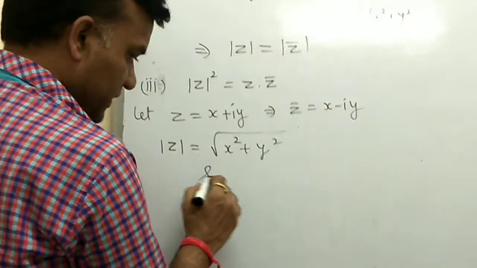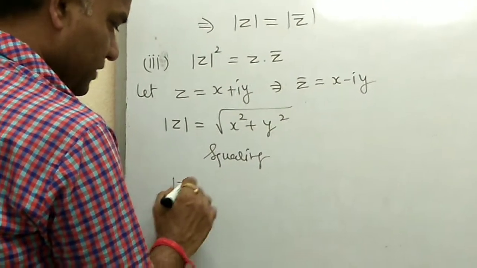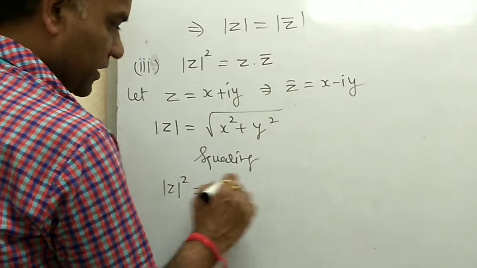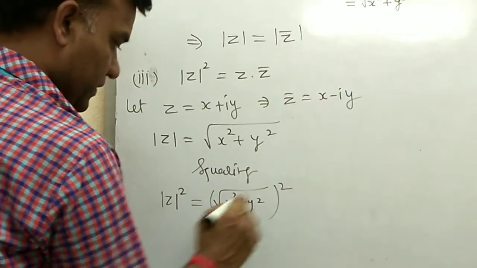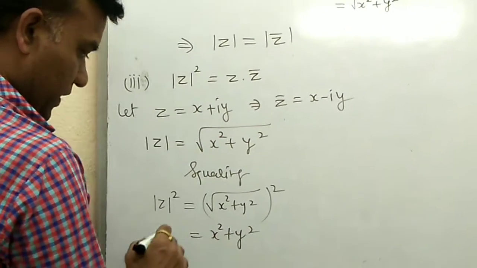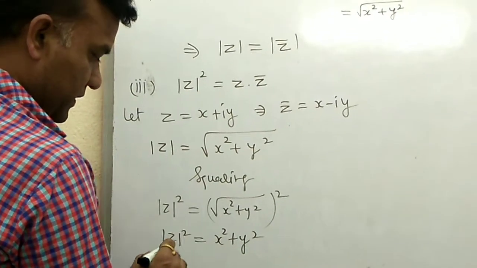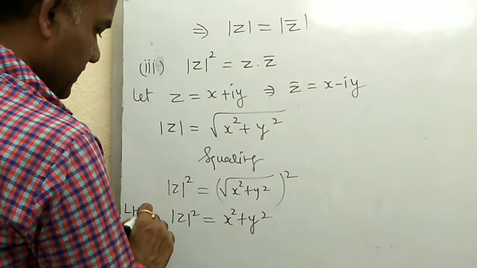Okay, squaring on both sides, then |z| whole squared, and the square root of x² + y² also whole squared, so that is x² + y². Okay, this part is the left hand side.